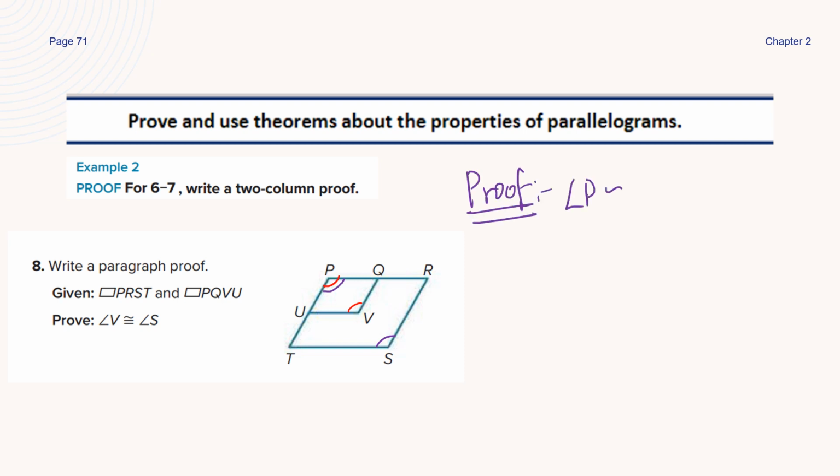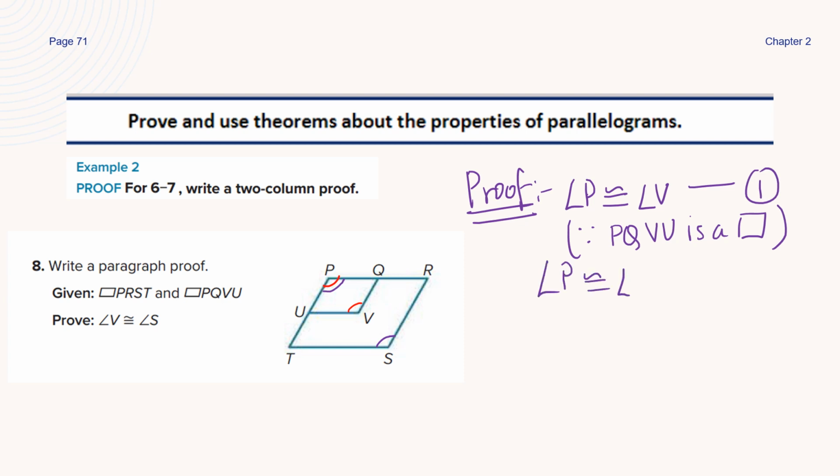Angle P is congruent to angle V because PQVU is a parallelogram. This is the first statement. Then angle P is congruent to angle S, second statement, because PRST is a parallelogram. And in a parallelogram, I want you to remember that opposite angles are equal.